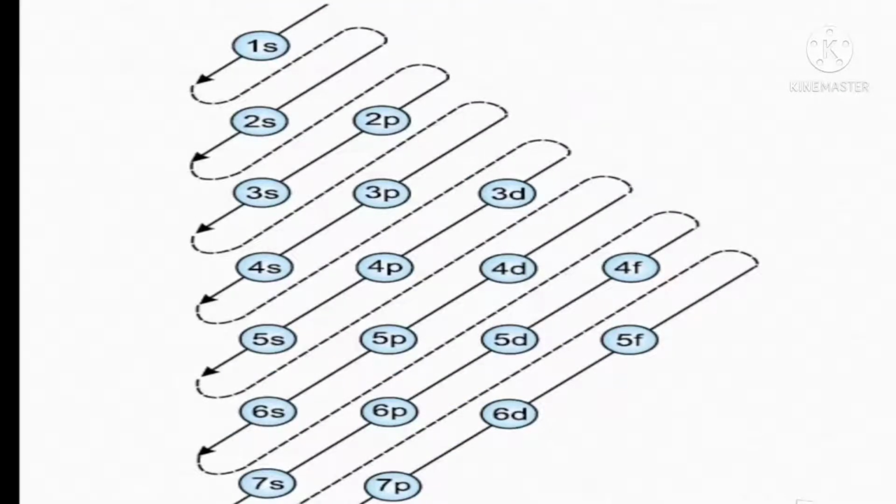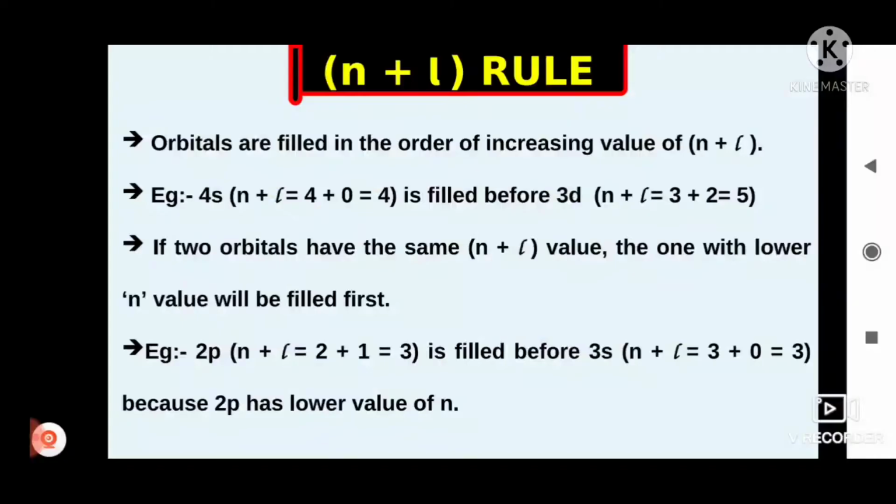Therefore, first the electron is filled in the lowest atomic orbital, that is 1s, then 2s, 2p, 3s, 3p, 4s and so on.